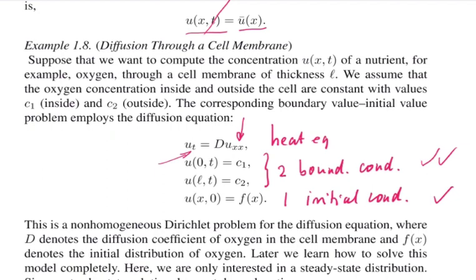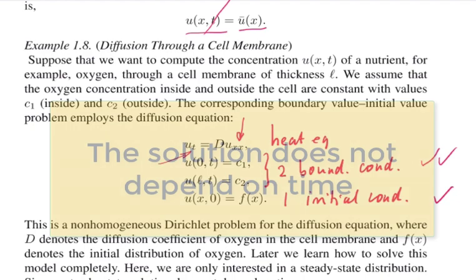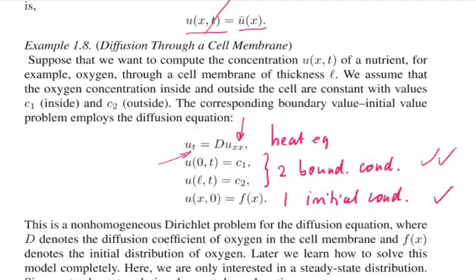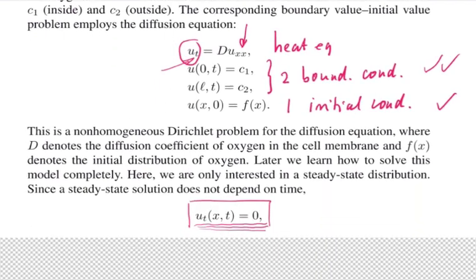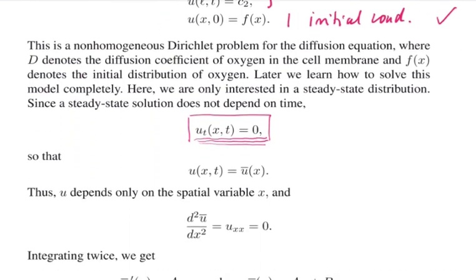Now let's look at the steady state or the equilibrium of this PDE. Steady state equilibrium means it does not depend on time, so the time derivative is 0. That's what it means. Going back to the equation here, this means the u_t term is 0. So what we keep is d times u_xx is equal to 0.